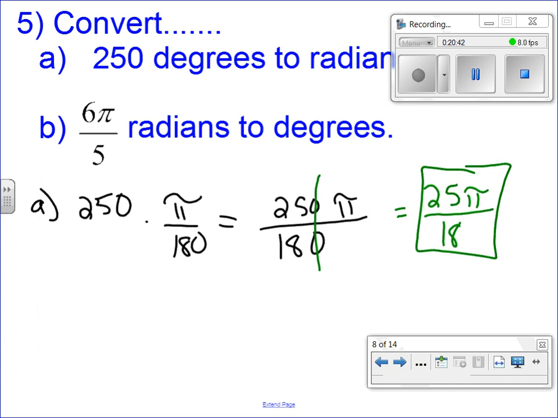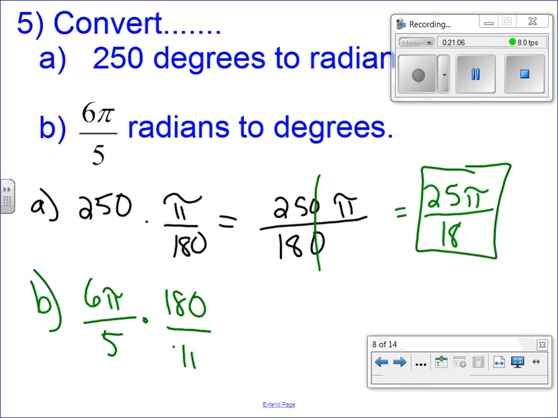All right. Part B is 6 pi over 5 on the unit circle. No. So it looks like we cannot convert just by looking at our unit circle. We can convert it by hand. So 6 pi over 5. We are going to multiply by 180 over pi.